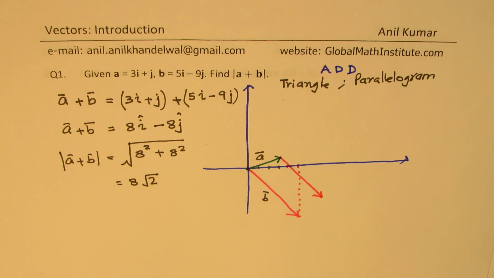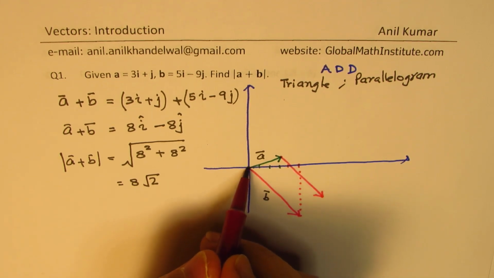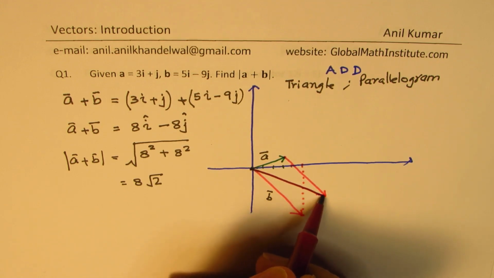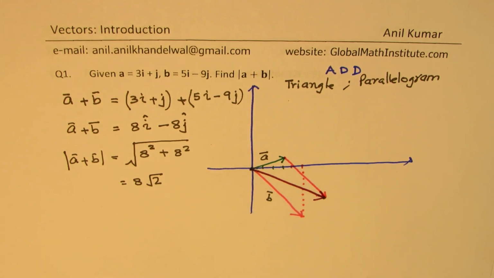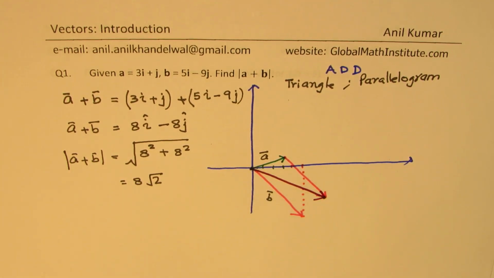The vector which is drawn with its tail at the origin is called the position vector. Now, the resultant, the sum of these two, can be shown by the vector which joins the tail of the first and the head of the last, right? So that becomes our sum.